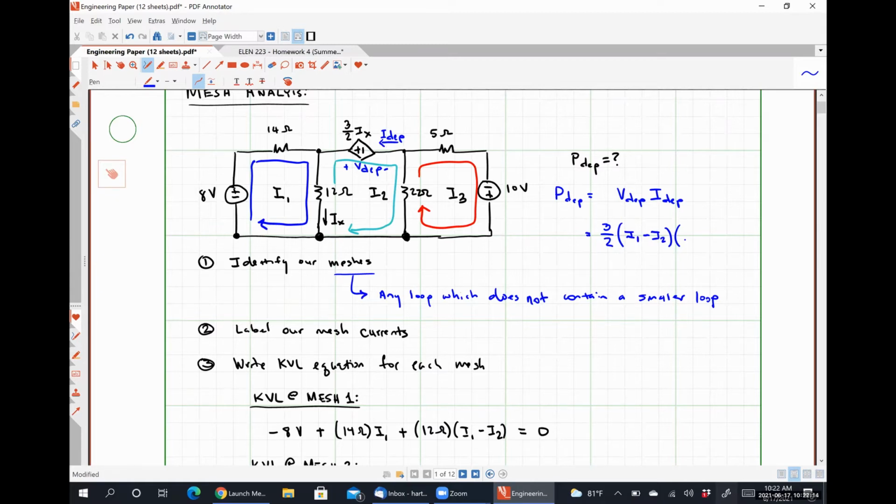Will that not be I3 minus I2? So I3 minus I2 is the current flowing up through the 22 ohm resistor. I'm looking for the current that is flowing from the right to the left through the dependent source.